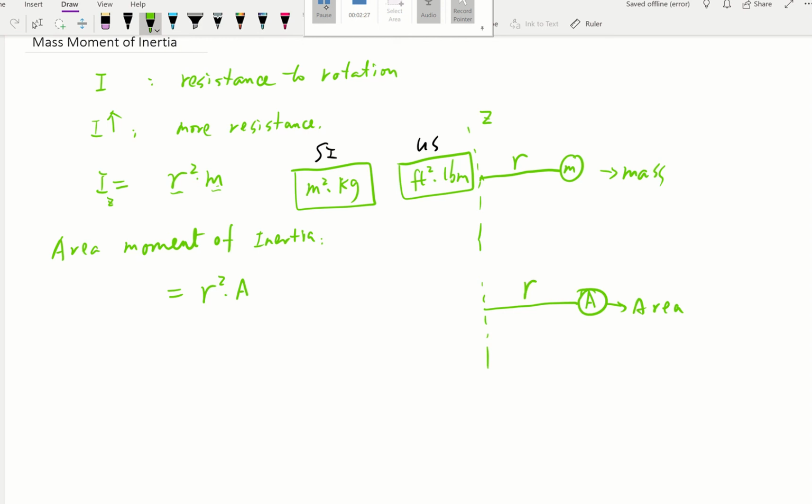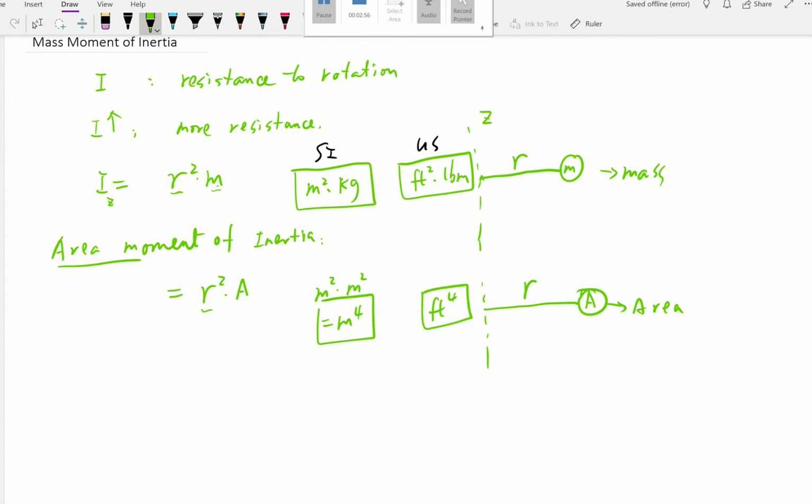So the definition for area moment of inertia is r squared A. What's going to be the SI unit? R is a distance, meter, and area has dimension squared, so that gives us meter to the fourth. The SI unit for area moment of inertia is meter to the power fourth, and the US counterpart is foot to the power fourth.